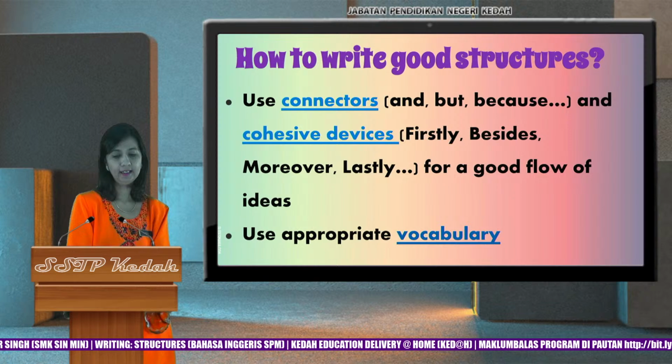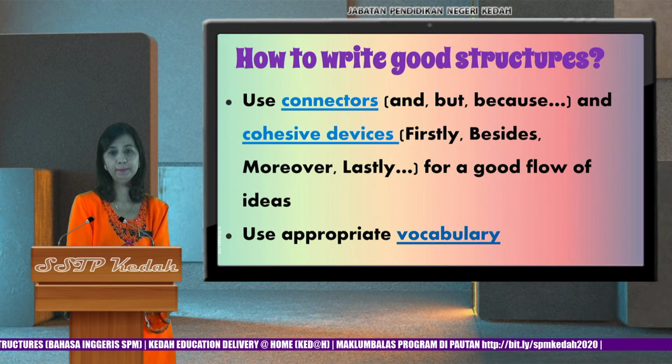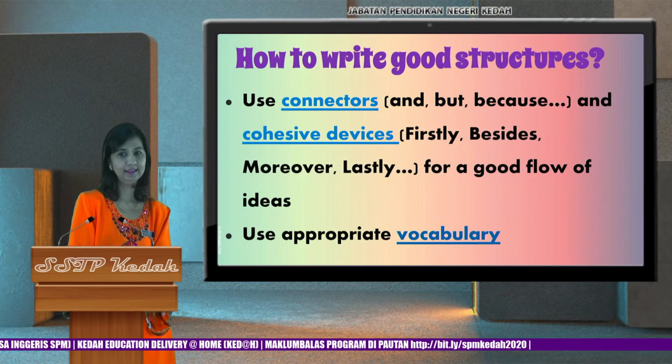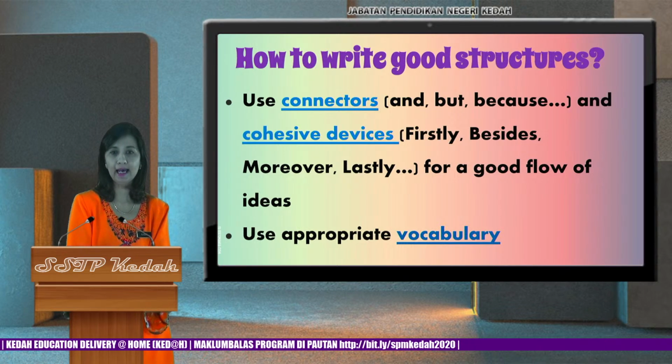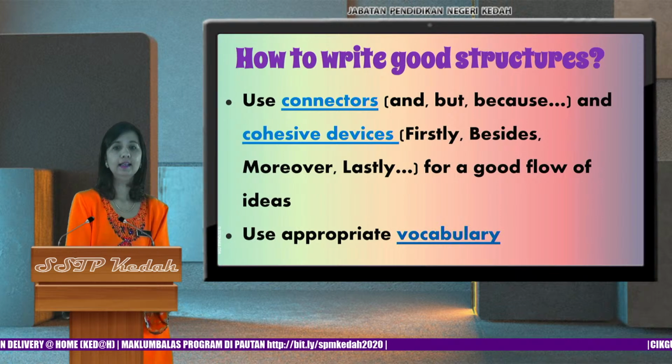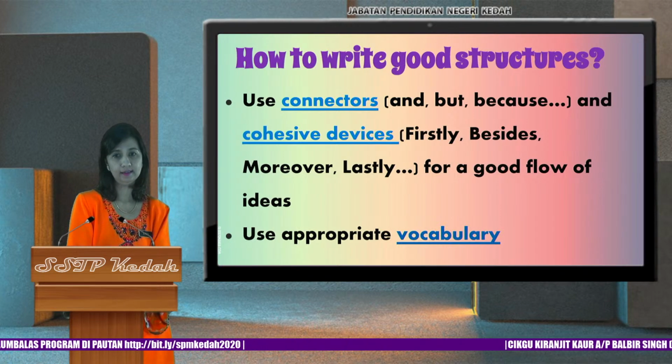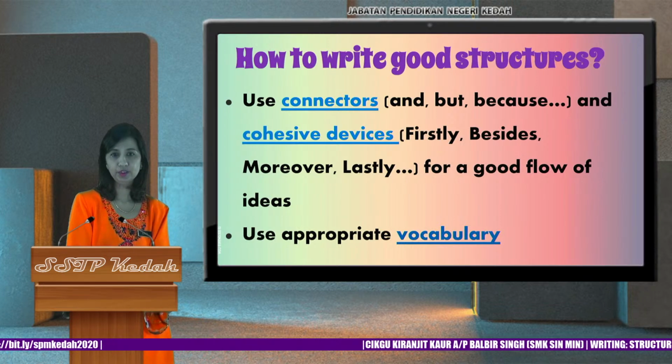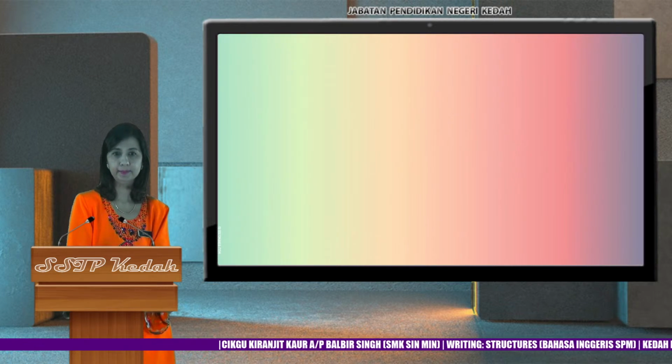Okay? And of course, you need to add appropriate vocabulary. Okay? The vocabulary must help to enhance your ideas, the meaning of your sentences. Okay? That means it brings a clearer picture when you explain something. We'll look at some examples. Okay.